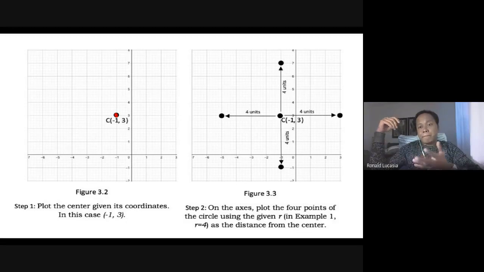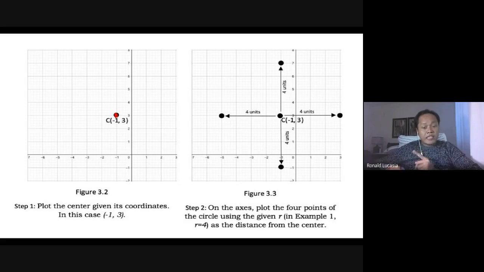If you have the compass, you can make use of that compass. You just pin the compass in the center and then rotate the pencil to give us a more exact view of the circle, which is at the center of -3, 1.